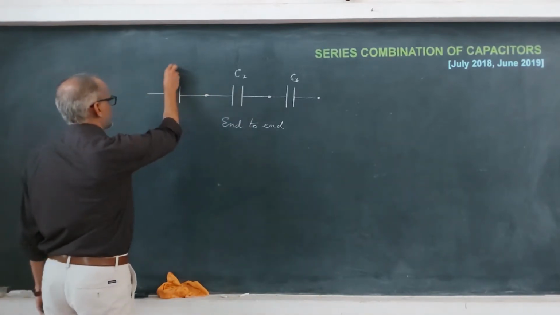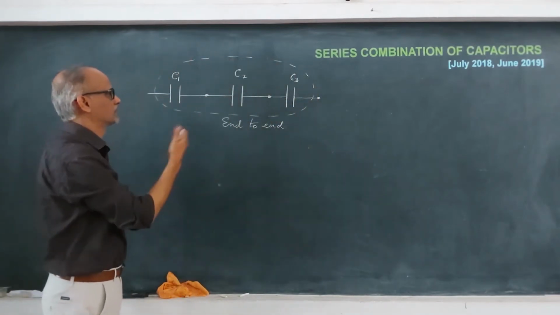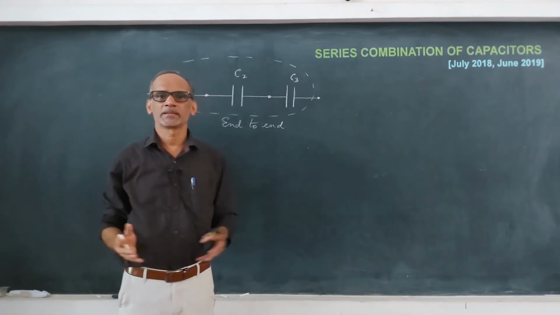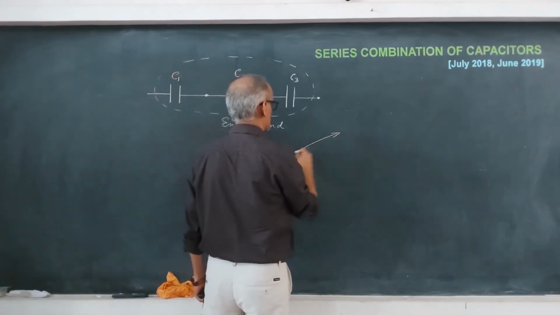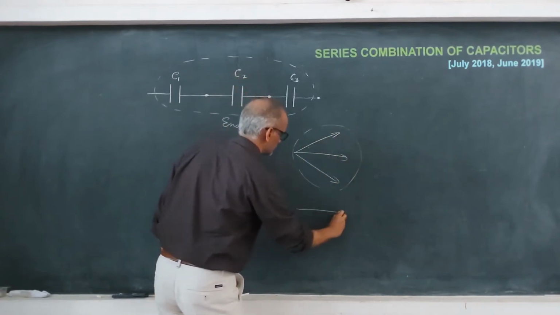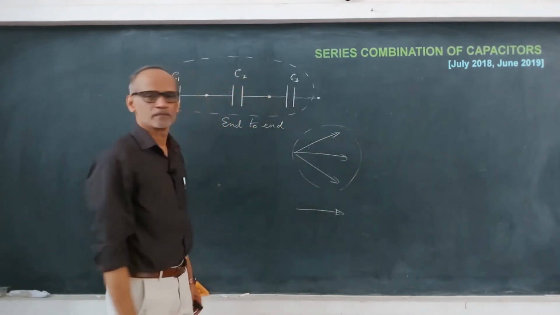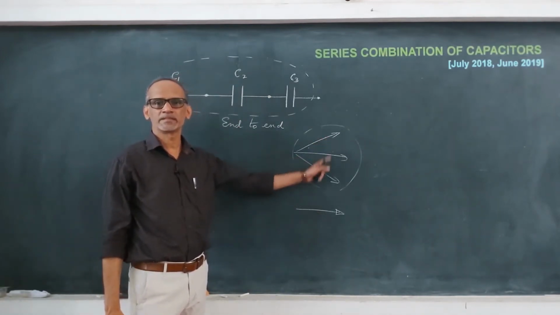Now, this entire system acts like one single capacitor, just like if I take 3 forces, I can replace them by one single force. And what do we call that one single? It's called the resultant of these 3.